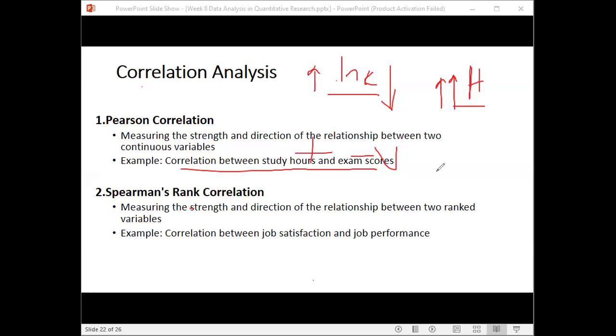And then the Spearman rank correlation coefficient is used to measure the strength and direction of the relationship between two ranked variables. You have to have the ability to rank the variable. So assuming I have a Likert scale, and I measure it as superior, I measure it as good, I measure it as average, I measure it as bad, and so on.